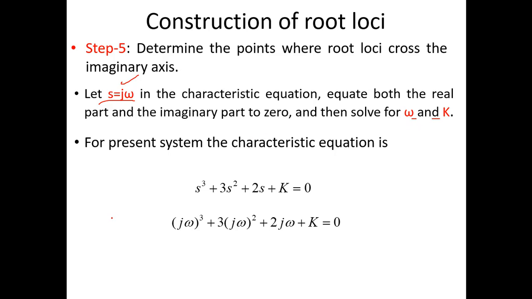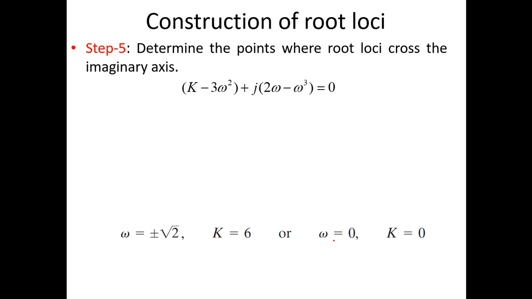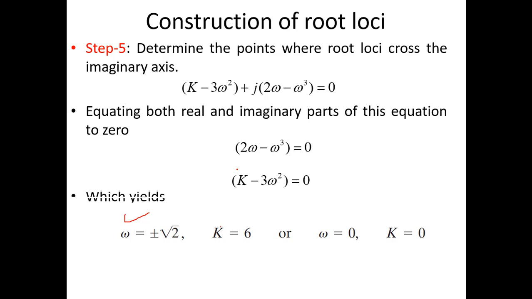So we have to put jω instead of s, and now we have to solve this to find different values of ω for different values of K. So for K equal to 6, you can see that you have to equate both of these to 0.